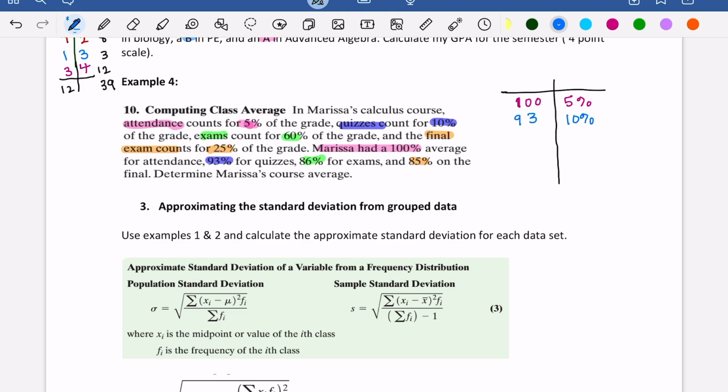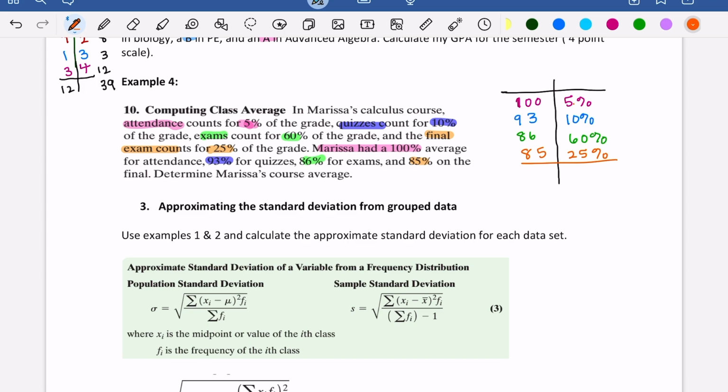The exams, which I had an 86 on, count as 60% of my grade. And then I made an 85 on the final, which counts for 25% of my grade. And then I'm going to make sure that all of this does indeed add up to be 100%, because if it doesn't, then I have done something incorrectly. Okay, so 25, 85, 90, 100. So that is 100%. I do have all the categories.